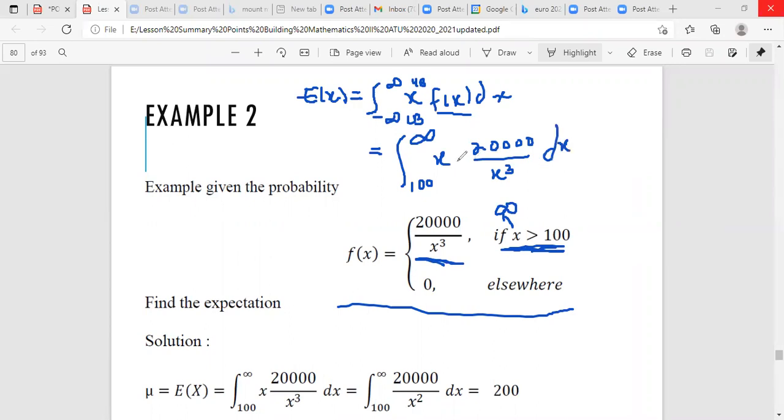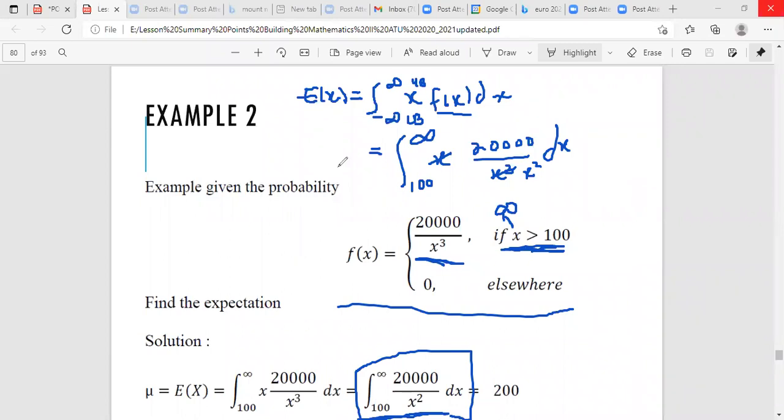Once we've written this, we can bring the 20,000 out, per our rules of integration. Then x can cancel into x cubed, leaving x squared. So when we do the cancellation, then we have this form.